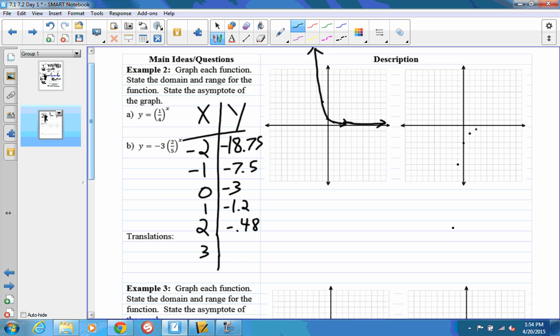Negative, right? Good, so negative 0.1. So guys, where do I think my asymptote is here? Still at 0. So if I'm going to graph this sucker, I don't like all the decimals.